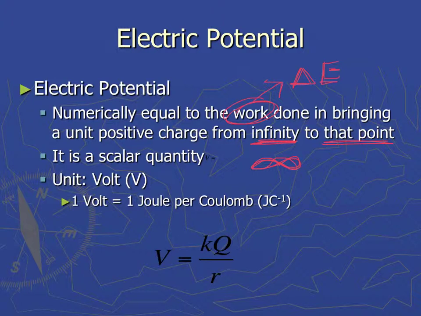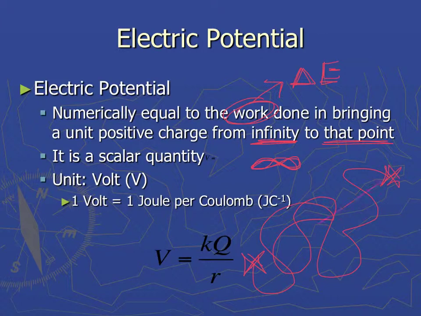And it's a scalar quantity, just like electrical potential energy, just like gravitational potential energy. It doesn't matter how it gets there. The only thing that matters is the difference between the original location and the final location. And again, our units are volts or joules per coulomb, depending on what you prefer.